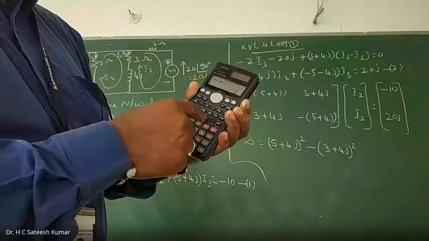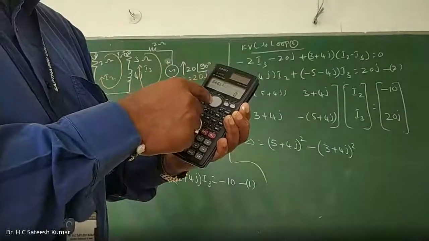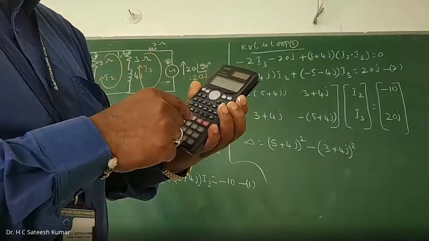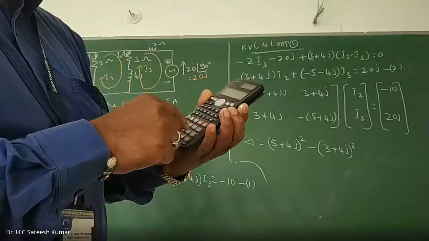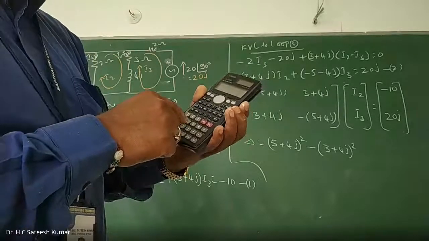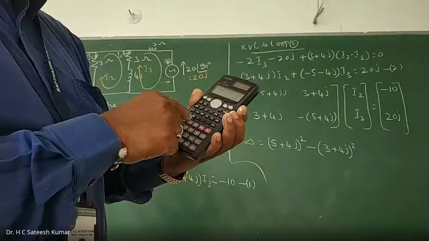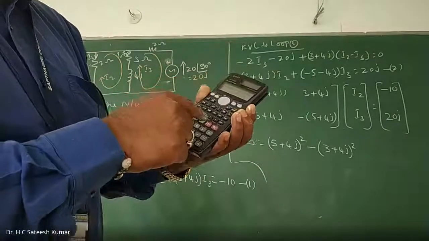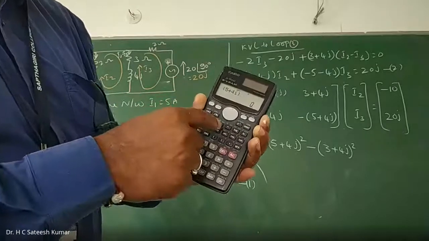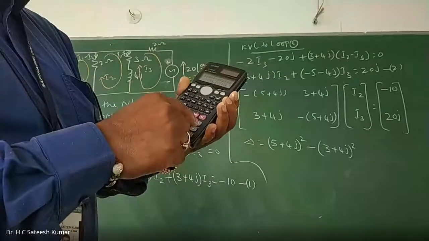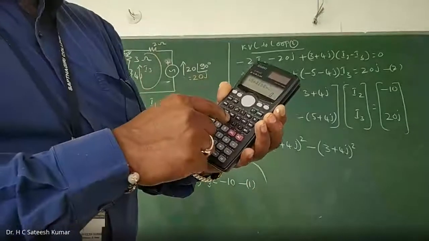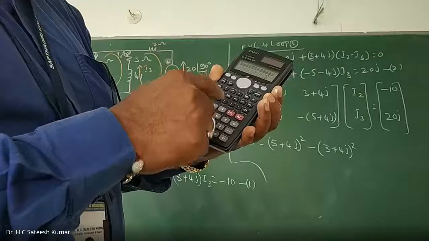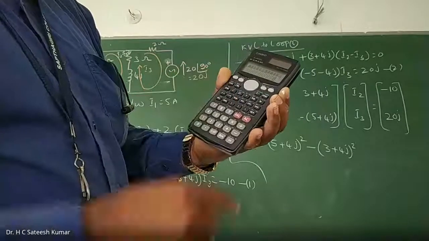Before that, you have to put a bracket. You start with the bracket, 5 plus 4i, close the bracket. Square is there, you can check it out, x square is there now. Press that button, x square, minus, open bracket 3 plus 4i, close the bracket, then square it once again.